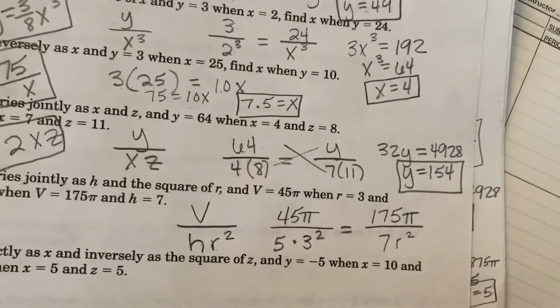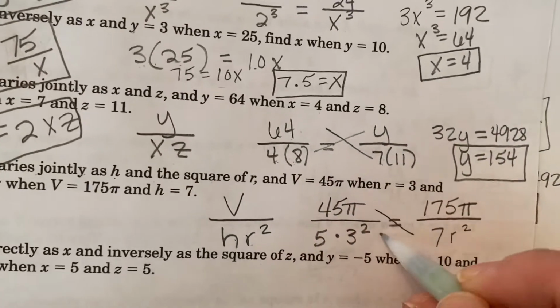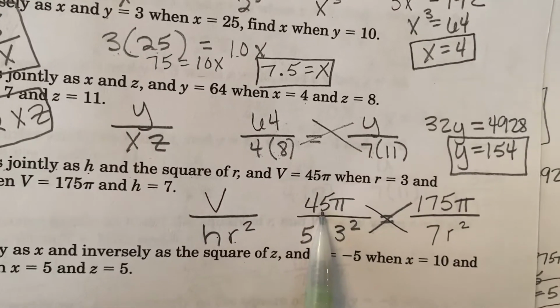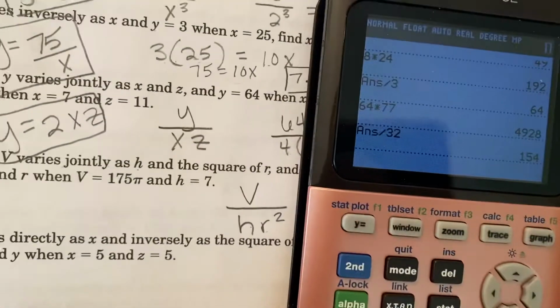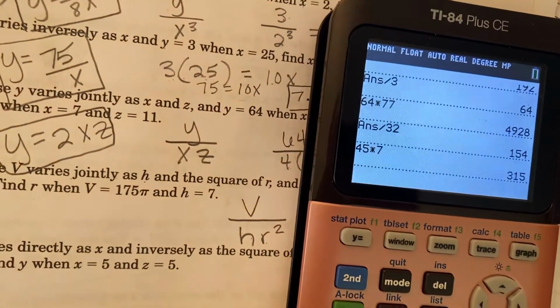Okay, let me give you a little tip on cross multiplying for this one. I would just leave the pi, like don't literally type the pi in the calculator. So I'm going to type 45 times 7. I'm not even going to type in the pi, I'll show you. 45 times 7, and I got 315.